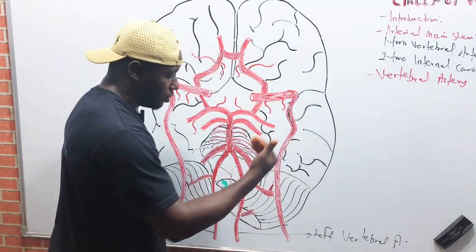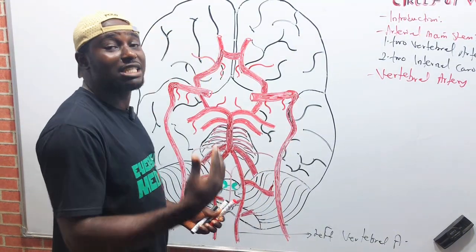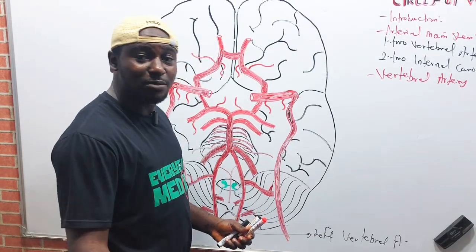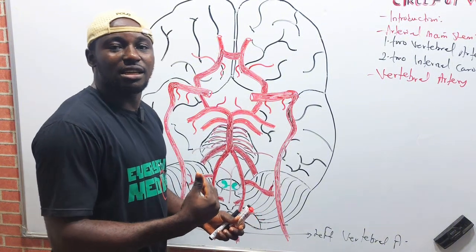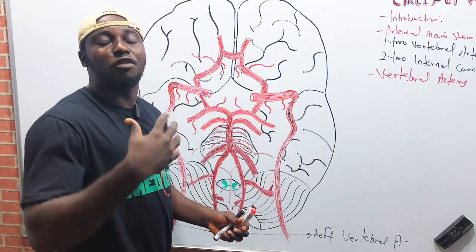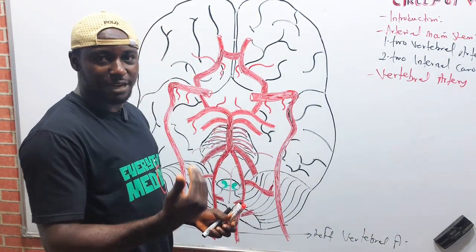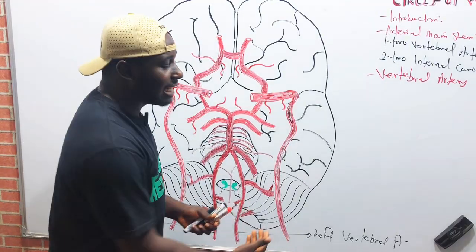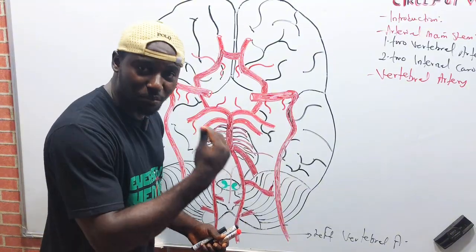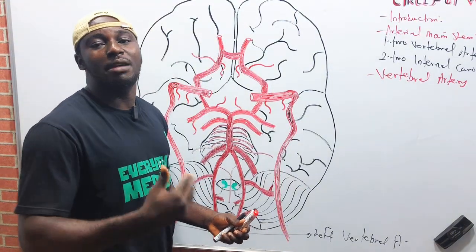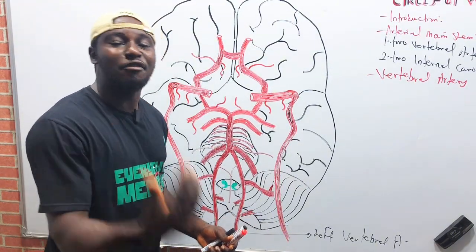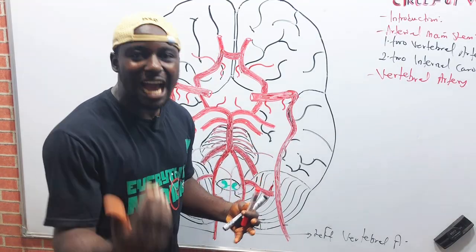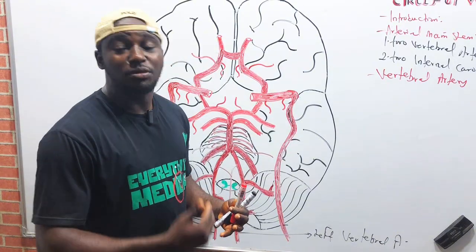They ascend upward through it, and when they get to the foramen magnum, they enter the brain by passing through it. At the level of the lower border of the pons, they unite together to form the basilar artery.